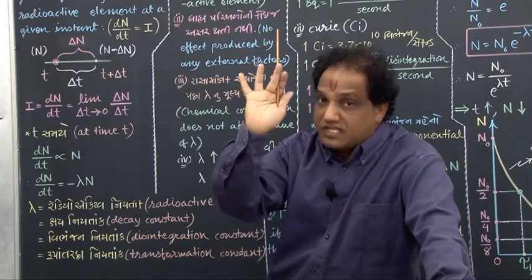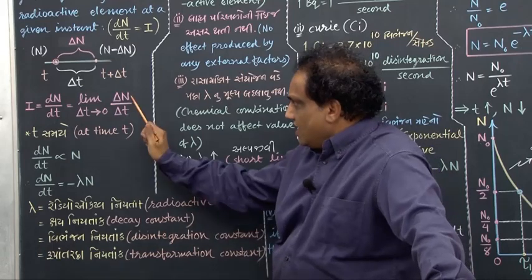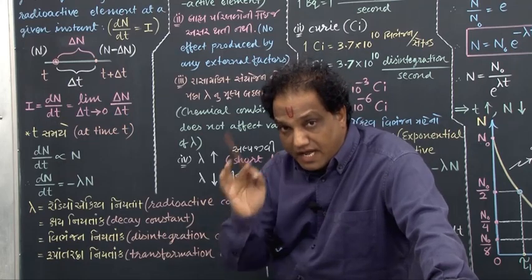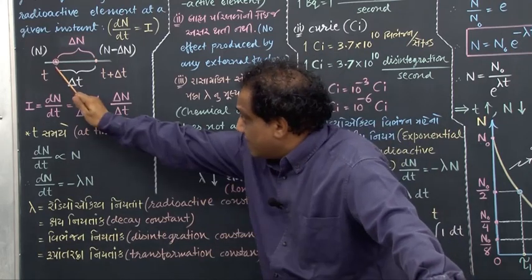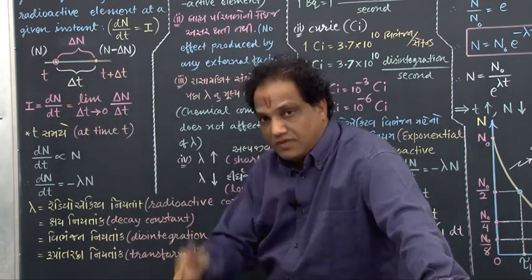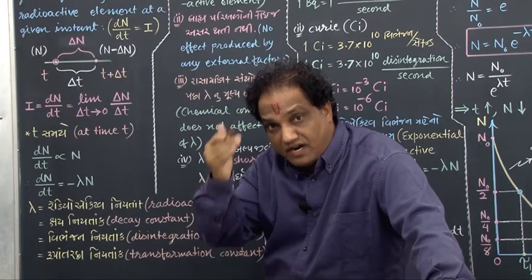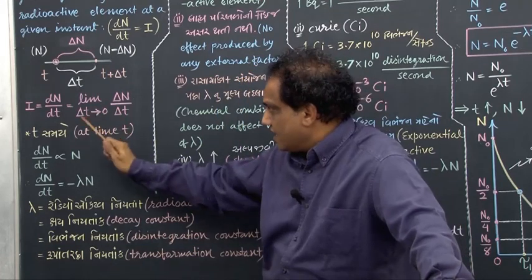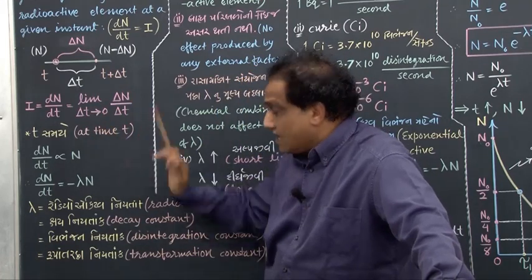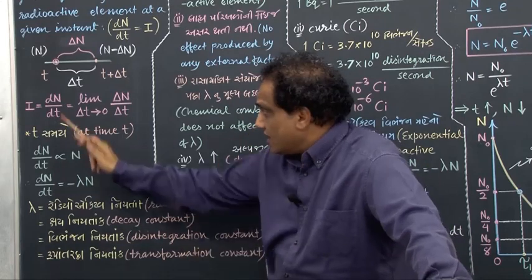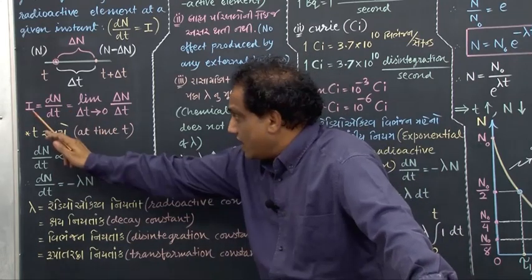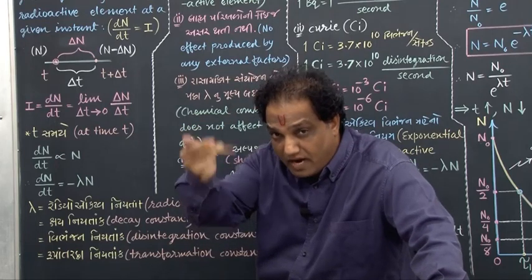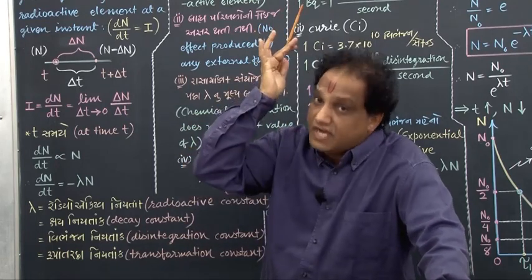Now I repeat for the last time. If delta N number of atoms disintegrate in time delta t after a given instant of time in the given quantity of given radioactive element, then the term limit delta t tends to 0, delta N by delta t is called rate of disintegration or activity of that quantity of that radioactive element at that very instant.